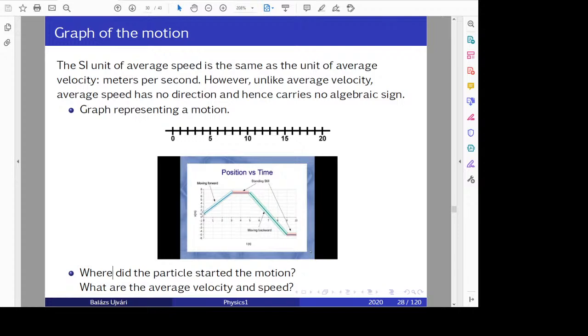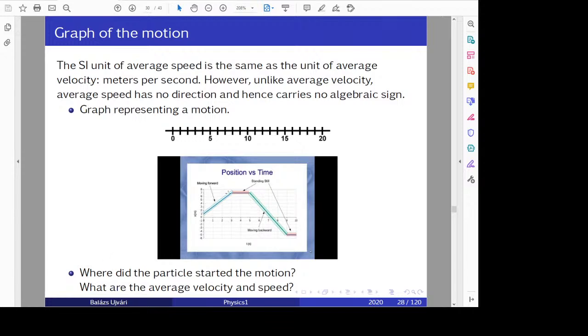What is the speed? Speed uses the distance. If I go from 1 to 7, my distance is 6, then I stayed at 7, then I went back from 7 to minus 5, and the distance was 12. So here we had 6, and here we have 12, that is 18.